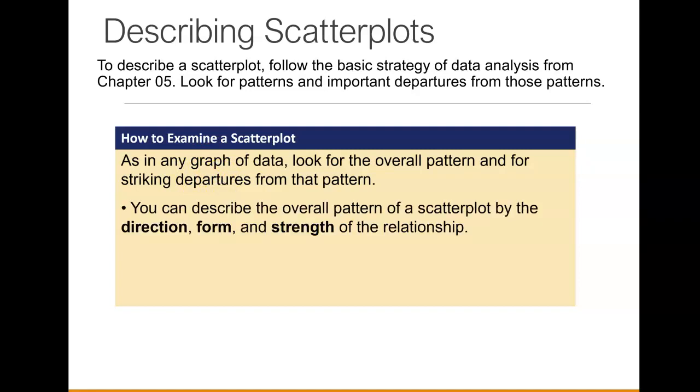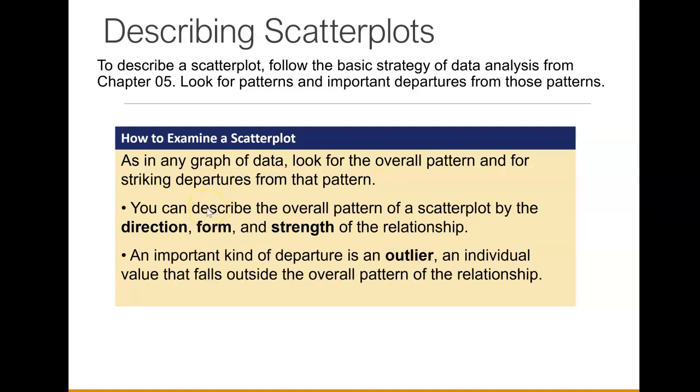Essentially, what we're looking for is the direction, the form, and the strength of the relationship. Those are the 3 things that we'd want to get from looking at our scatter plot, looking at our data points. And then also worth discussing is possible outliers.